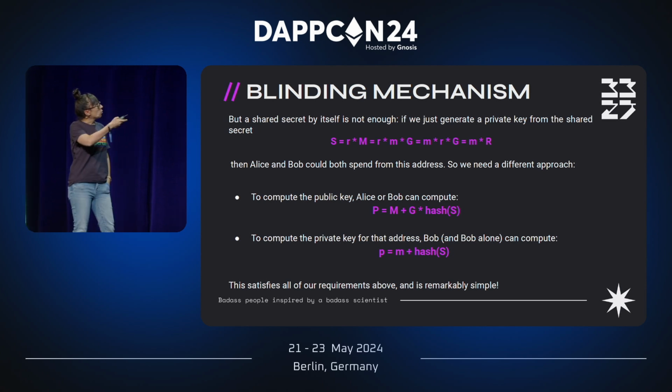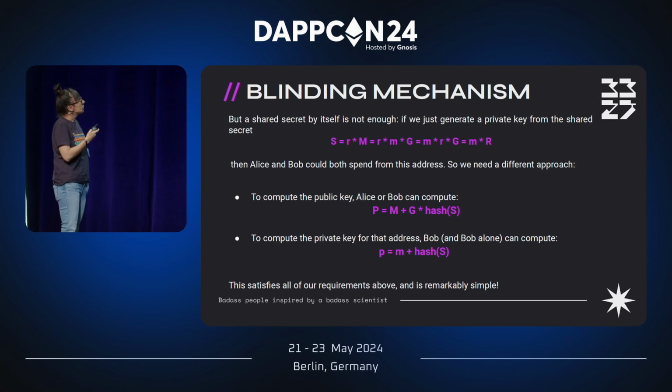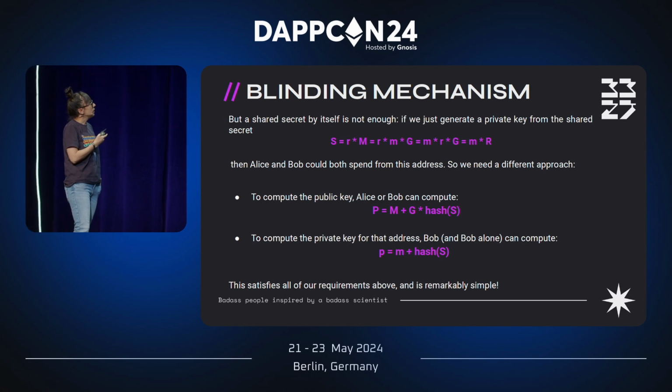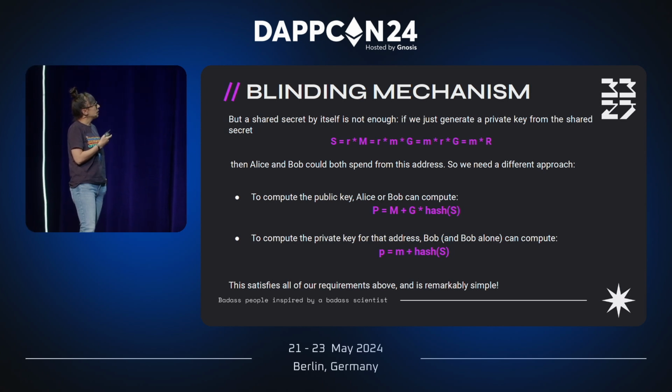But why does this equality hold? Because here, firstly, we use that the public key is a result of multiplication of the private key and the generator point from the elliptic curve. And after that, we use just commutativity of multiplication of numbers.